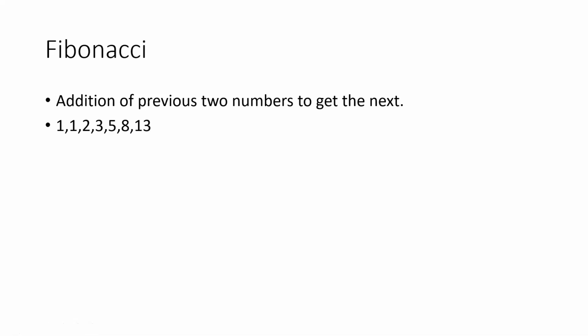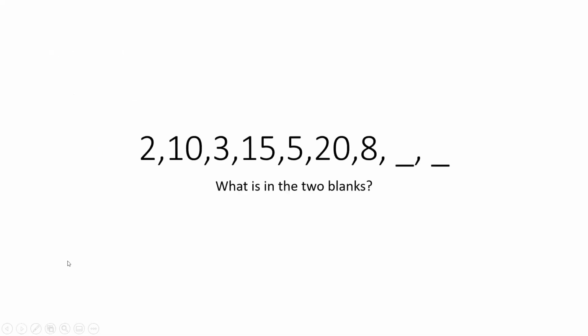Once we have the previous two numbers, we can get the next number and the sequence will go on and on. The reason behind the 1, 1, 2, 3, 5, 8, 13 sequence is 1 plus 1 equals 2, 1 plus 1 equals 2, 1 plus 2 equals 3, 2 plus 3 equals 5, and so on. So coming back to our previous question here, what is in the two blanks?